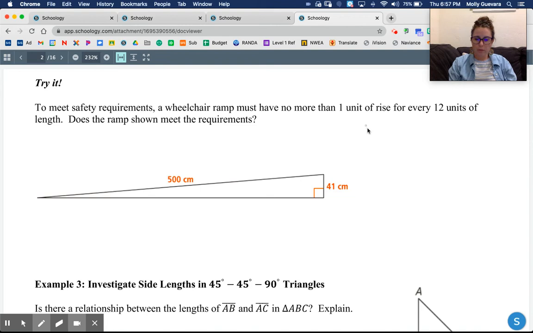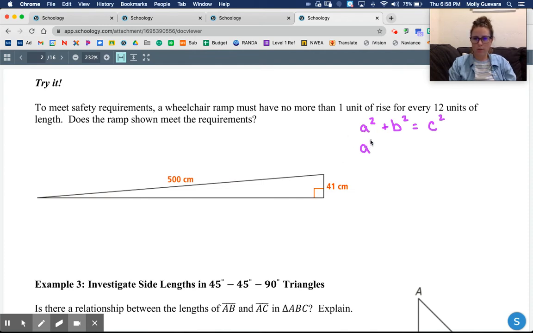Okay, so hopefully we've given it a shot by now. Here's my Pythagorean theorem. And again, I have to be very conscious of what values am I given and what values can I plug in, okay? So here, my 500 is across from the 90 degrees, so that's C. 41 can be either A or B. It doesn't matter.